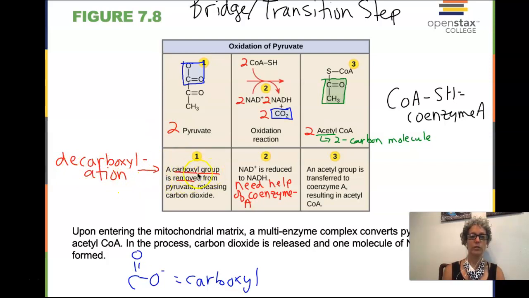The carboxyl group is removed. There's our carboxyl. To decarboxylate, we remove that. It comes off, highlighted blue here, highlighted blue here, as carbon dioxide. So we have 2 of those. 2 carboxyl groups are removed. They are released as 2 carbon dioxides.